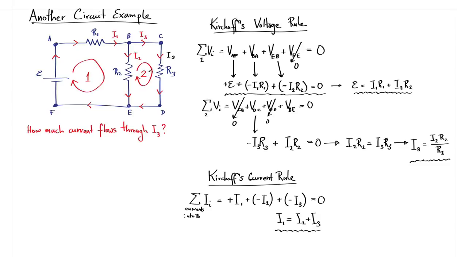In this problem, R1, R2, and R3 were given. So let's say we knew what they were. Okay, they're not unknowns in the problem. We just want to know how much current is flowing through this resistor here. So we now have three unknowns in this problem. We didn't know what I1 was, we didn't know what I2 was, and we didn't know what I3 was, right? E was given, R1, R2, and R3 were all given.